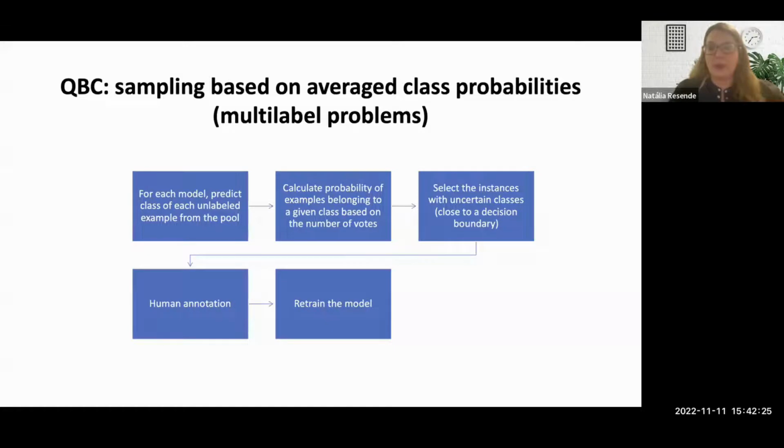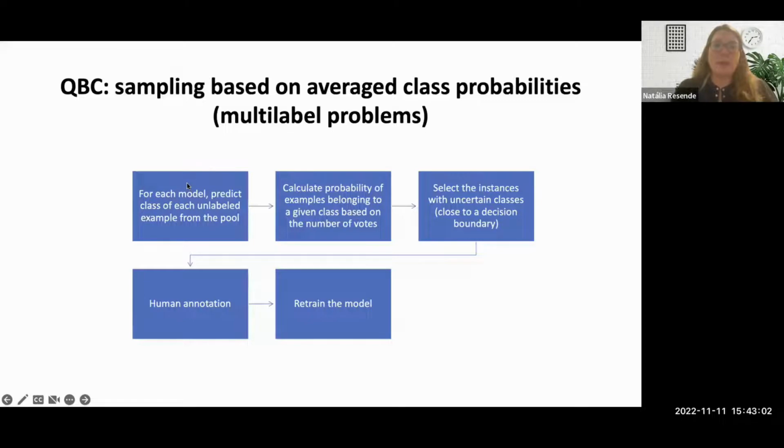In this case, query by committee is a very appropriate strategy for selecting the most useful instances, because we cannot choose between the probabilities. We don't have a highest probability for one class. What we get is just the probability of that class being present or not present. We are going to see an example in a minute.